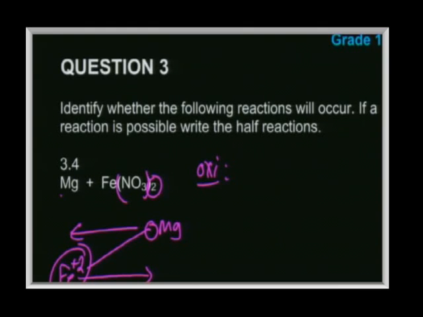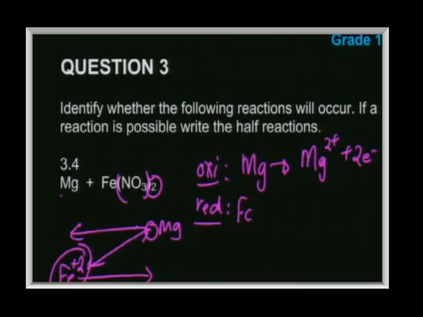So connecting the 2 reactants with each other gives me a positive gradient, and it's going to be my reduction half reaction. So I'm going to start off with magnesium, which is going to lose electrons, become magnesium 2+ with the 2 electrons that it has lost, and my iron is going to gain the 2 electrons, and it is going to become Fe, or iron atoms over there.